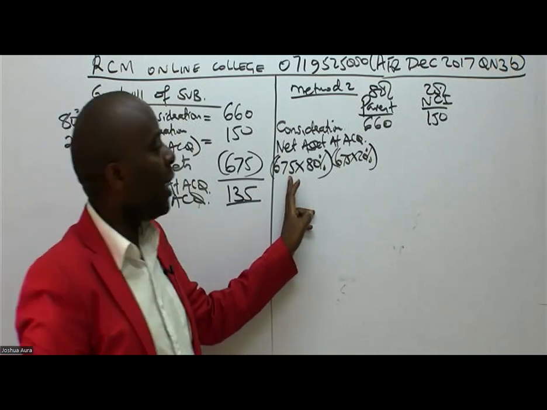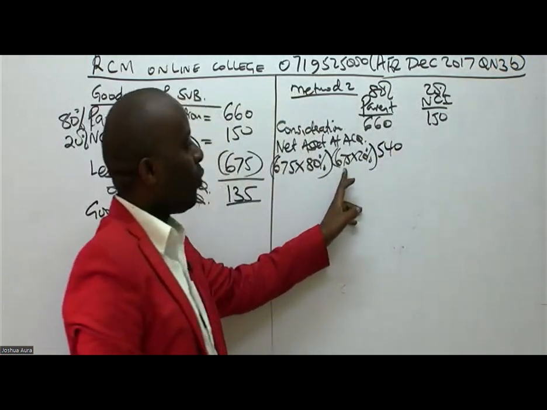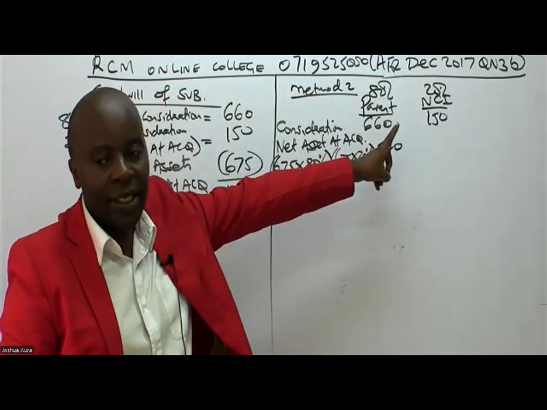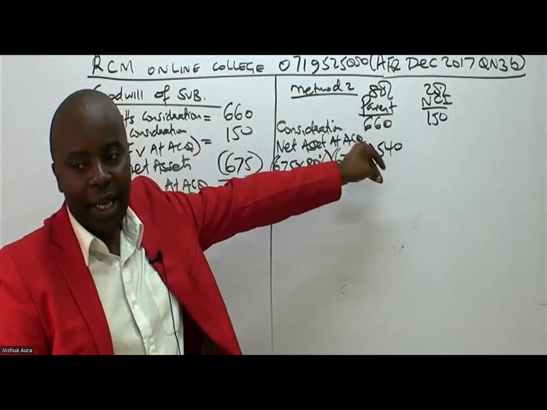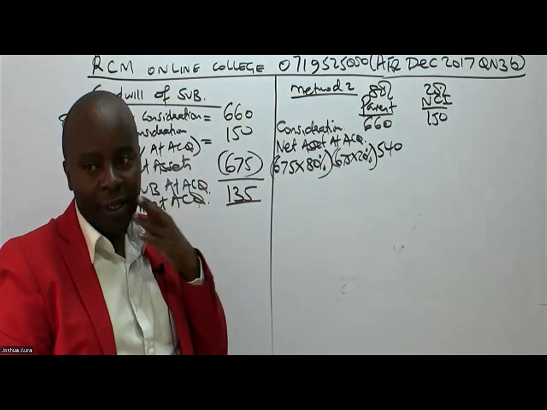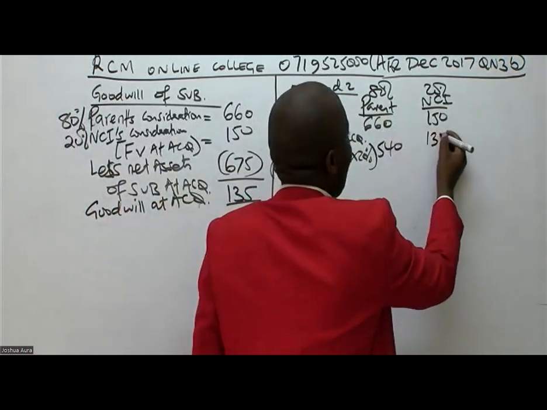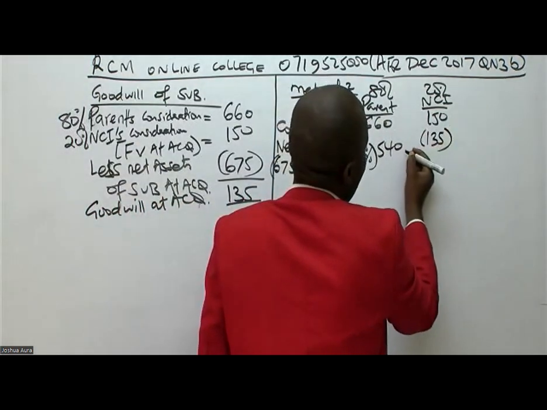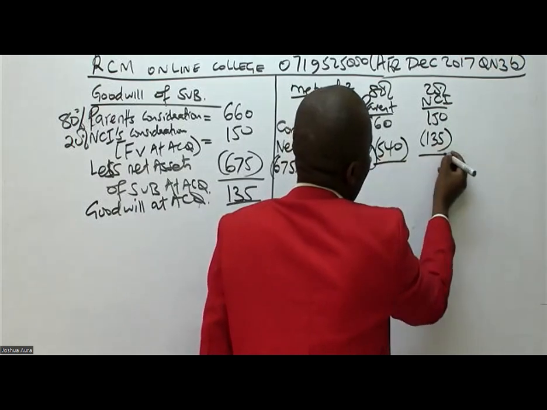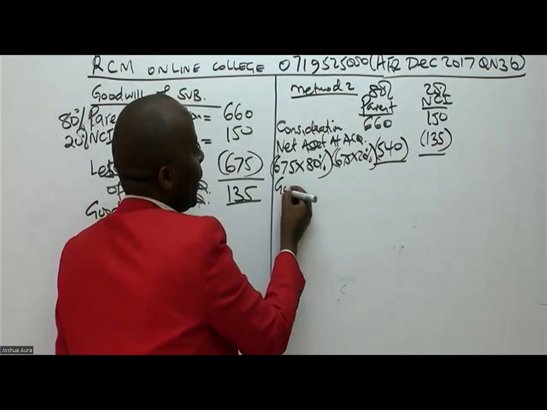I'm being told by a friend here that it is 540. How about 20% of 675, which belongs to NCI? 135, isn't it?